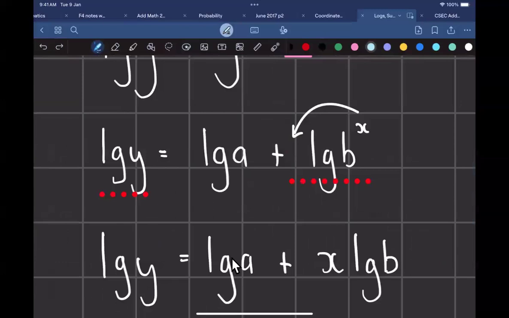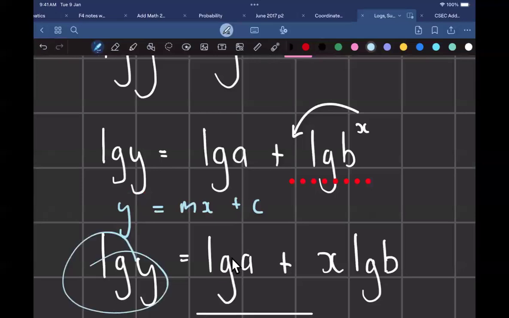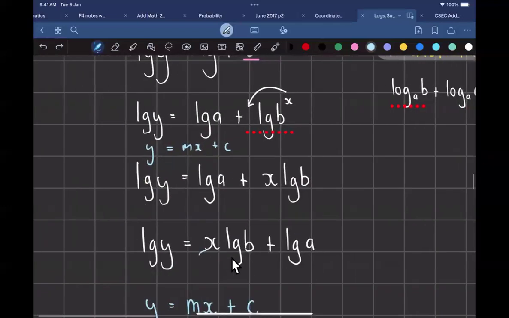Look at this: y is equal to mx plus c. So y, that is log y. But look at this earlier: log a, that's a term by itself. You notice this part of the equation has m by x, so that will be the x by the log b. So I had to rearrange it and put it like that.